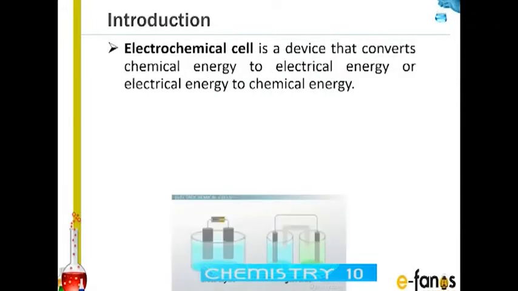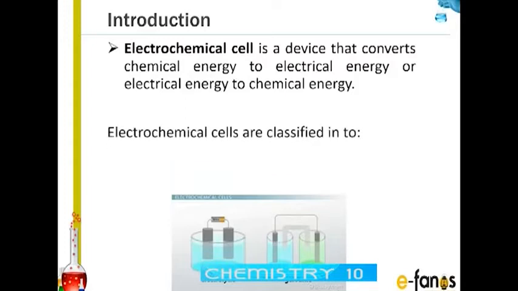Based on this core concept of interconvertibility of chemical energy to electrical energy, we can look at the electrochemical cell, which is a device that converts chemical energy to electrical energy, or the inverse of electrical energy to chemical energy.